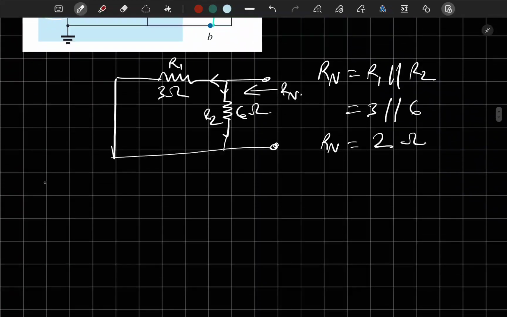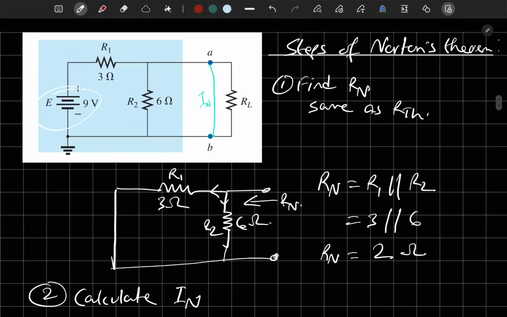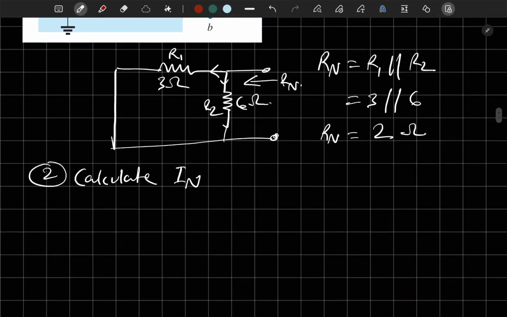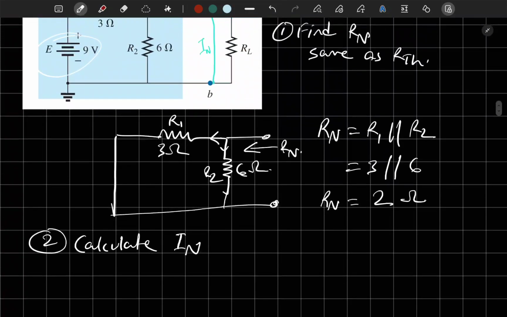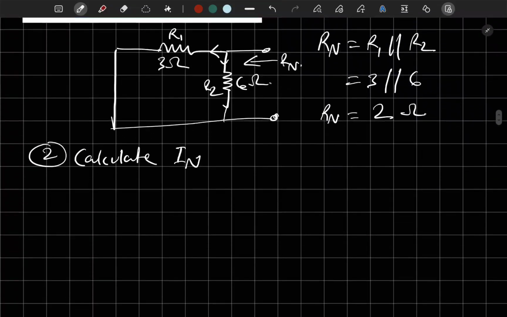Now step 2 is to calculate, not ETH, calculate IN. The first part of calculating IN is the same as the first part of calculating ETH, which is replacing all the sources.